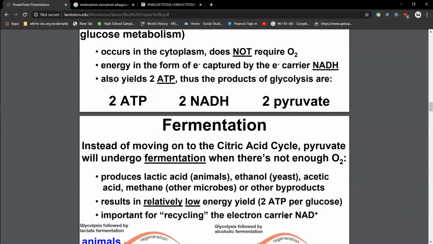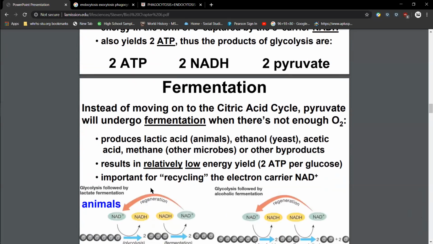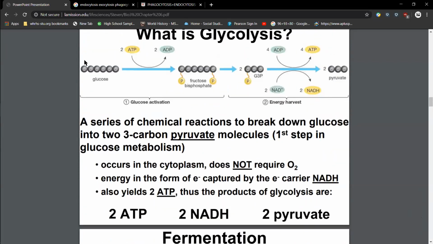These cells start to use glycolysis as their primary source of energy. They don't go into any of the other steps. So what results is a low energy yield. They just get the energy from glycolysis. And if you remember, glycolysis produces 2 ATP, so they're only going to get 2 ATP per glucose molecule that they start with.